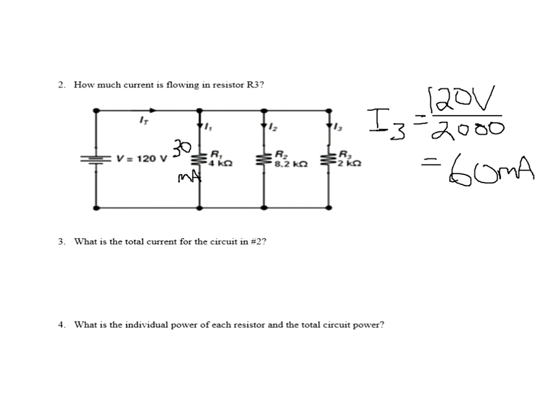And check this out. This one over here in the middle, that's almost 4 times the value of that. So that would be 60 divided by 4. Of course, you could do it any way that you want. That's around 15 milliamps. Not exactly because it's 8.2.